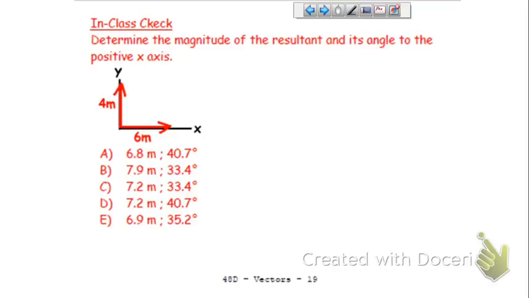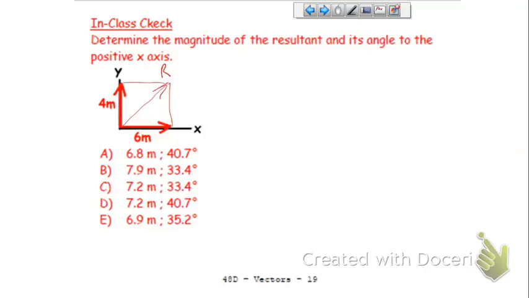Let's say we've added all our components together. We added all the x's together and got positive 6. We added all our y's together and got positive 4. Then what is the answer, the resultant? What is the magnitude and direction of the resultant?